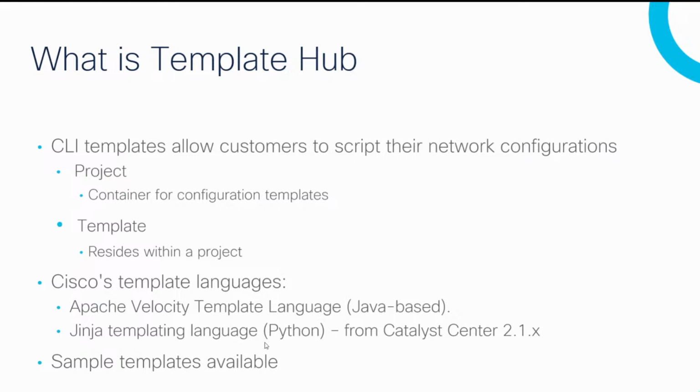When you start using Template Editor, you may see some sample templates available. This is to help you understand the programmatic aspect of Template Hub, and allows you to get acquainted with assigning values to variables and creating loops within your configuration files.